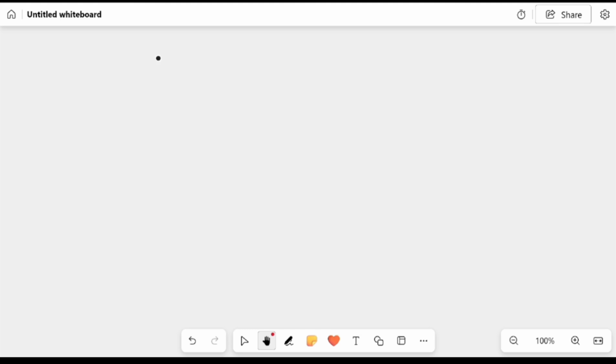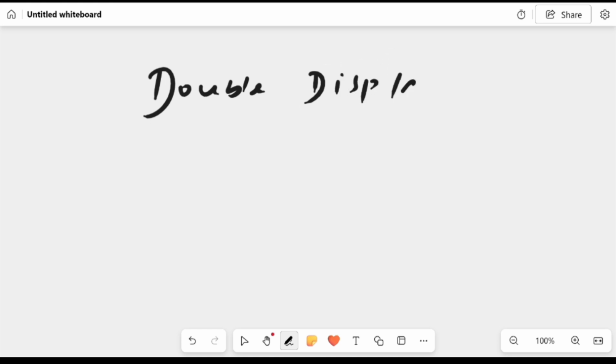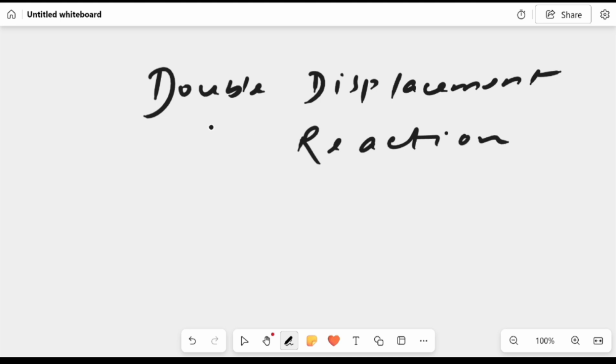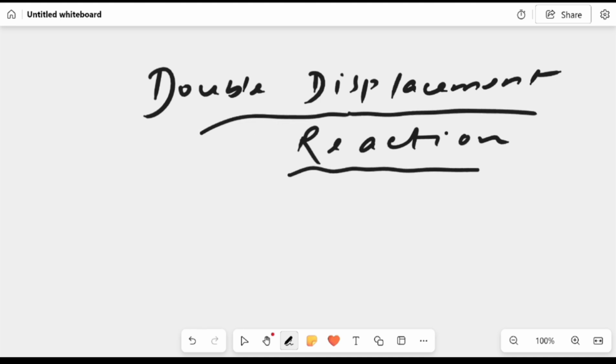Third, we have double displacement reaction. What happens here?